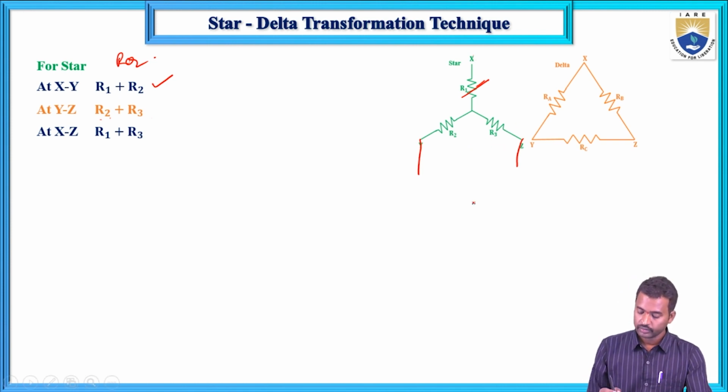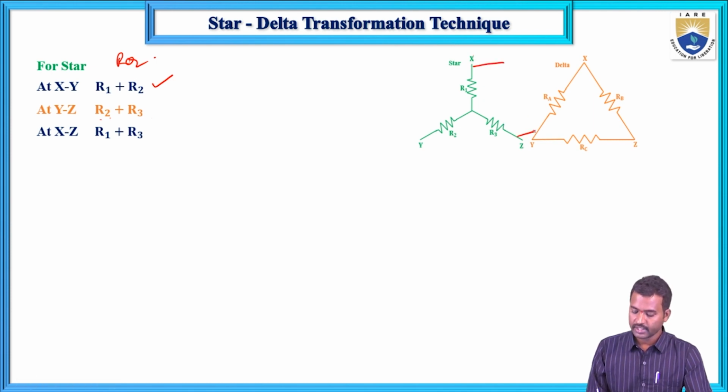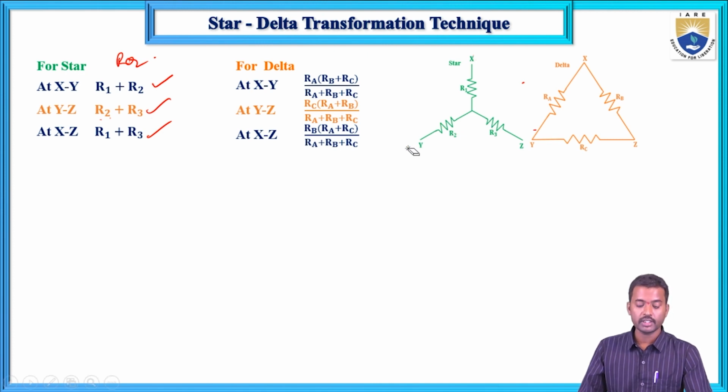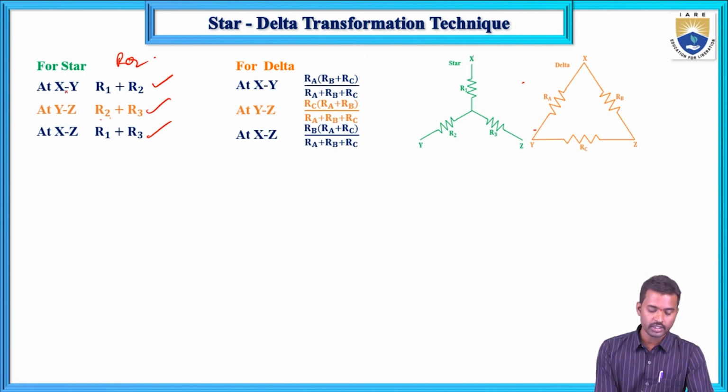Next, at Z and X, this is redundant, don't consider this one, and R1 plus R3 is the R equivalent. So now at the three terminals, X and Y, the R equivalent is R1 plus R2, Y and Z is R2 plus R3, and X and Z is R1 plus R3.